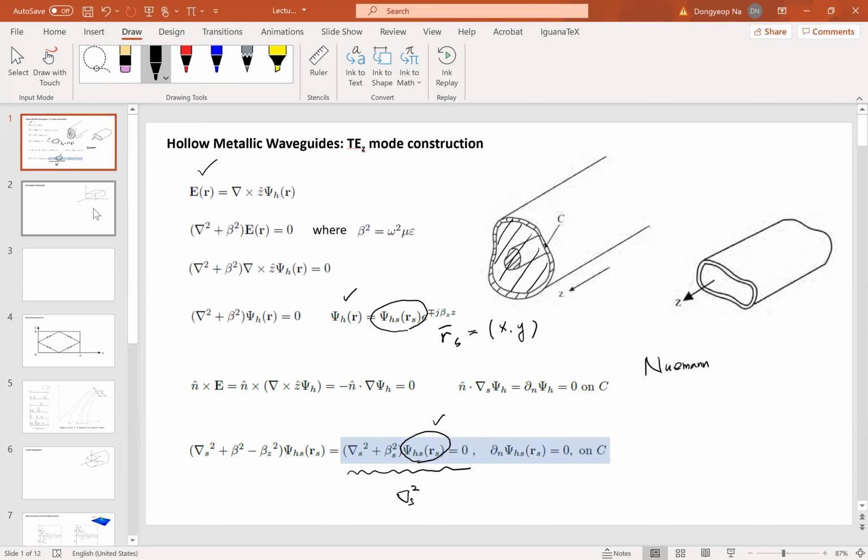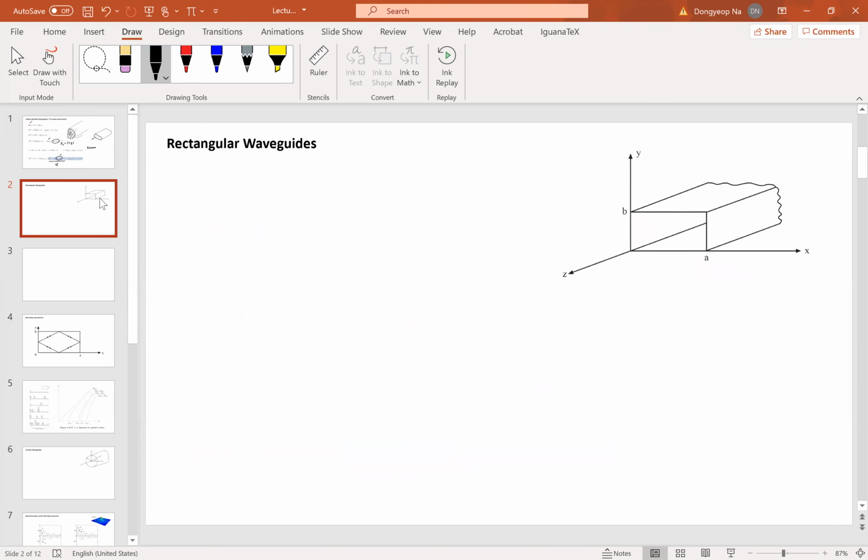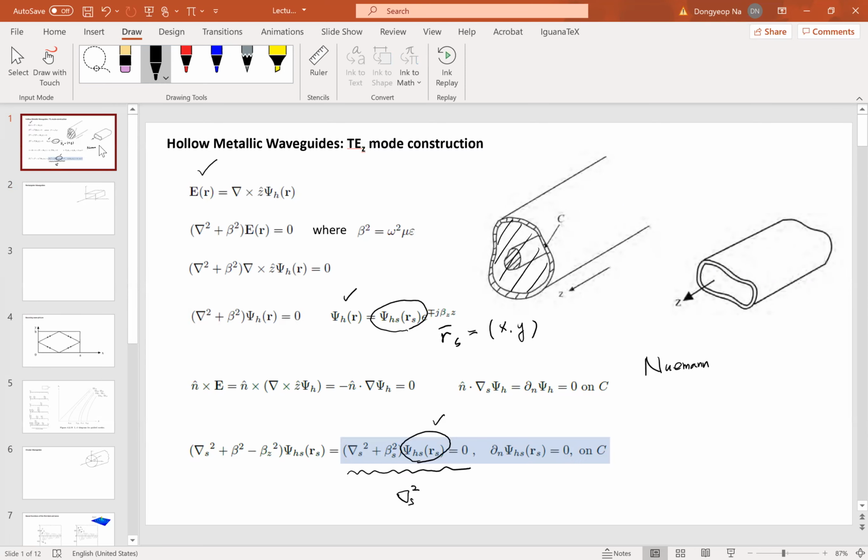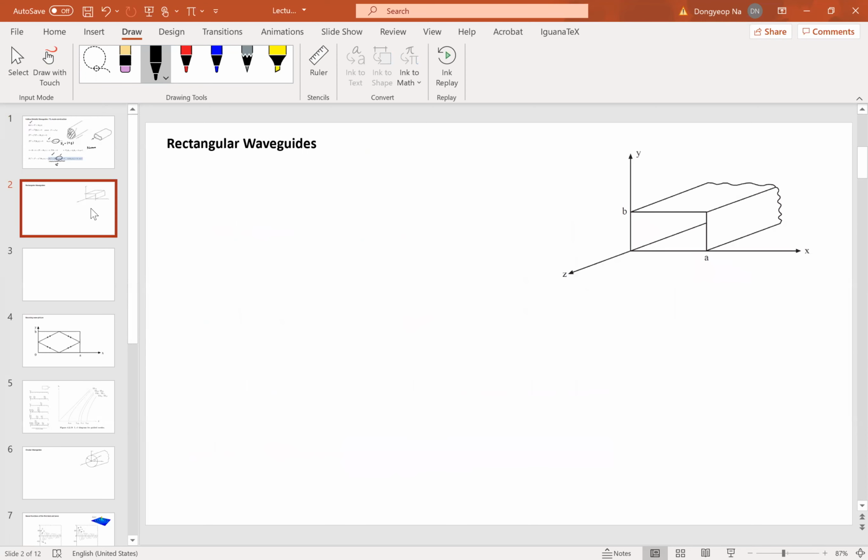We're going to deal with two specific types of waveguide. The first one is the rectangular waveguide, and the other one is the circular waveguide. Then we're going to explicitly solve this transverse Helmholtz wave equation.